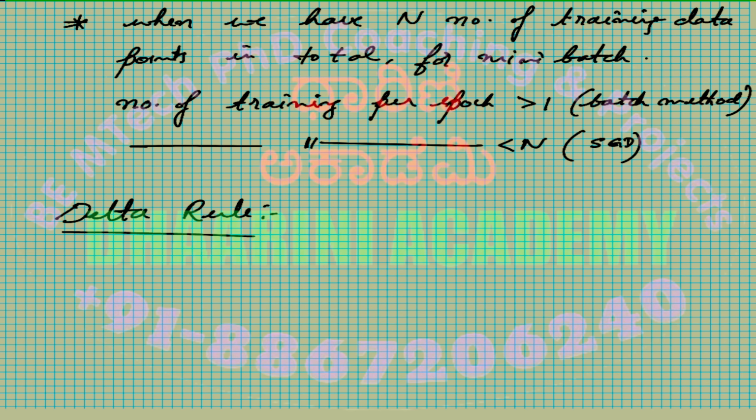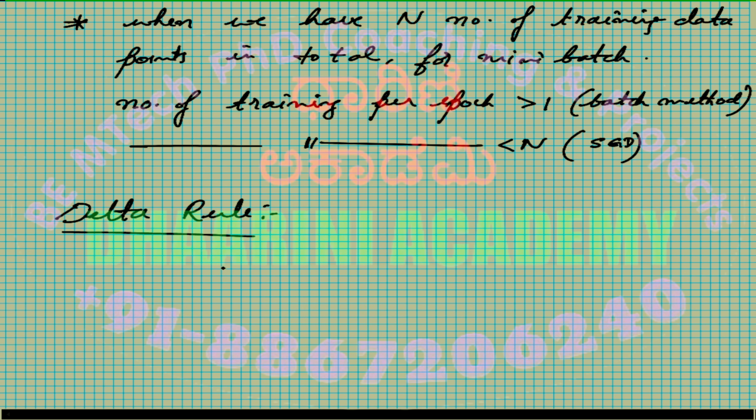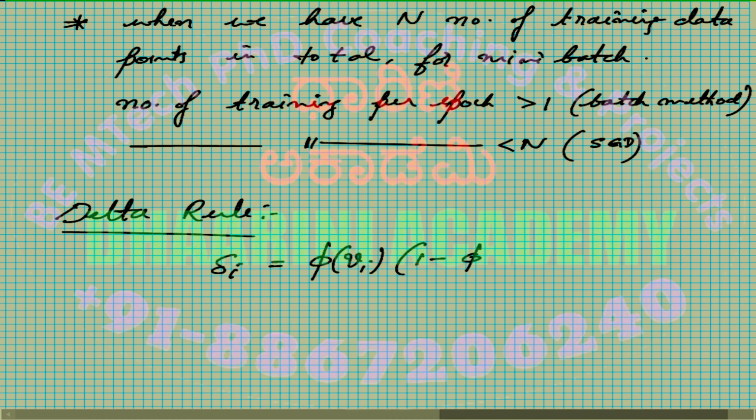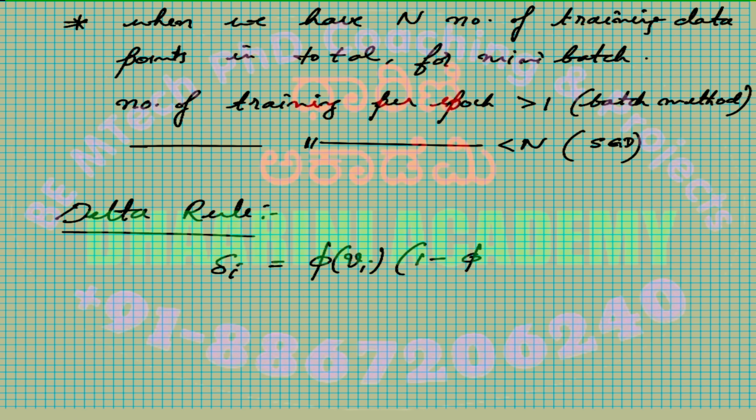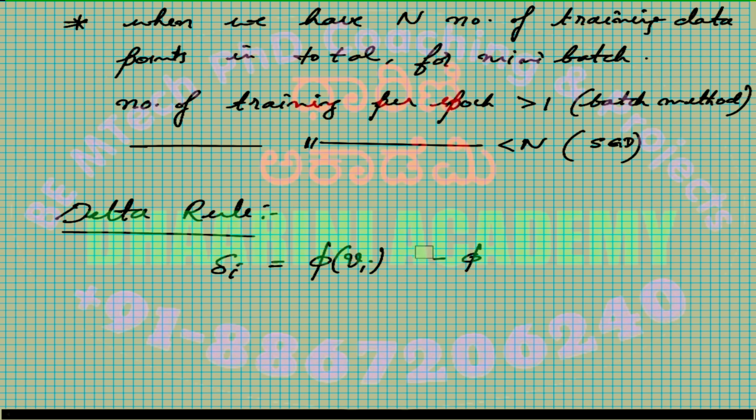This is a quick recap of the delta learning rule. You calculate a delta i, that is phi of the intermediate value Vi, into 1 minus phi of Vi, times the error Ei. I'll use a square bracket here just to differentiate between the terms.